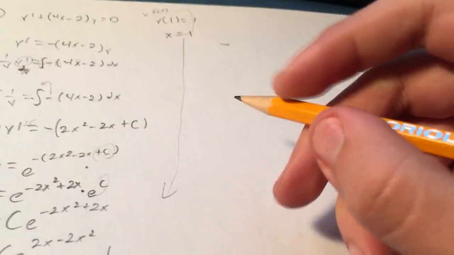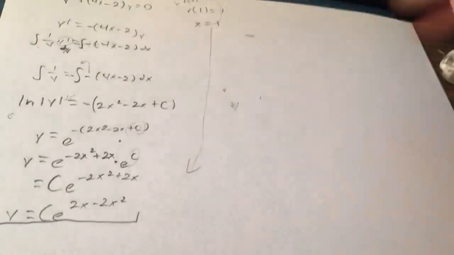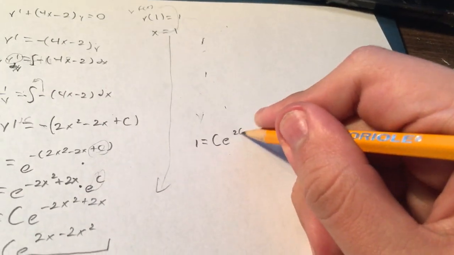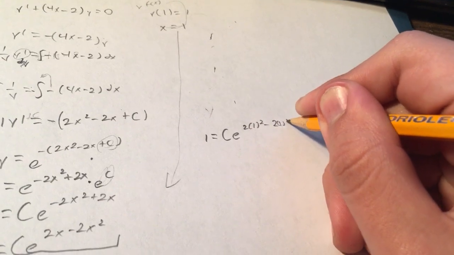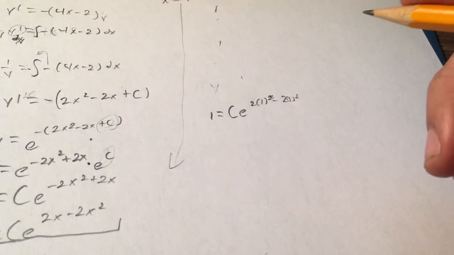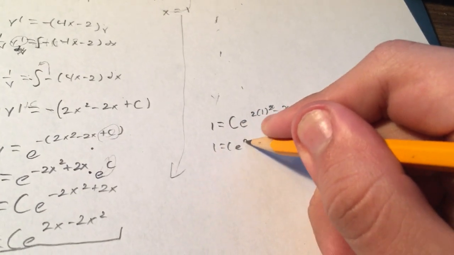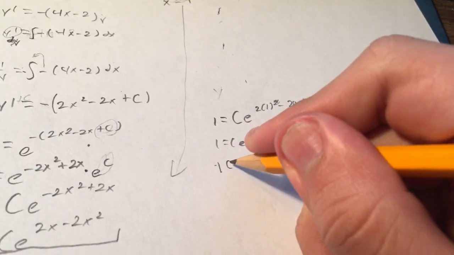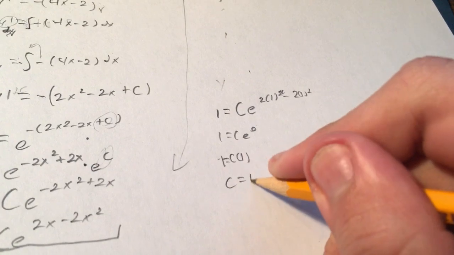Our y is 1, so 1 equals c times e to the power 2 times 1 squared minus 2 times 1. That's 2 minus 2, which is 0. So 1 equals c e to the 0. Now e to the 0 is 1, so 1 equals c times 1, so c equals 1.